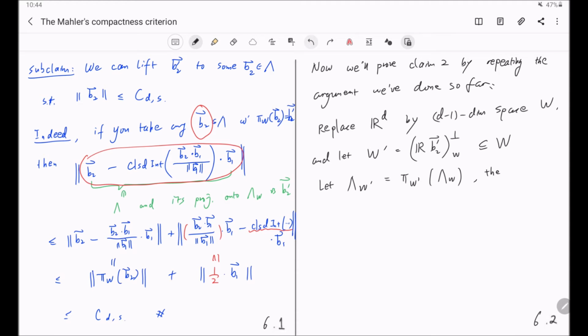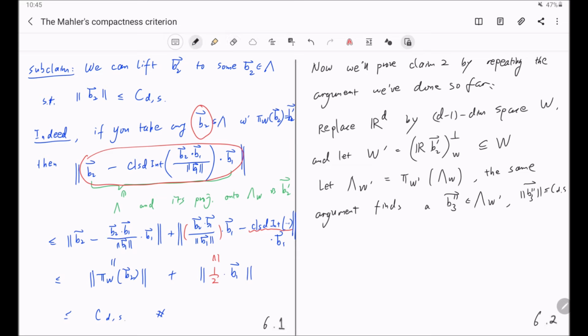Then the same argument finds a B3 double prime in lambda sub W. And this B3 double prime is bounded by a constant that only depends on D and S.